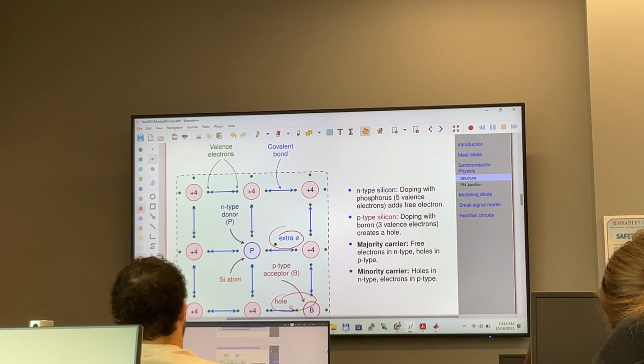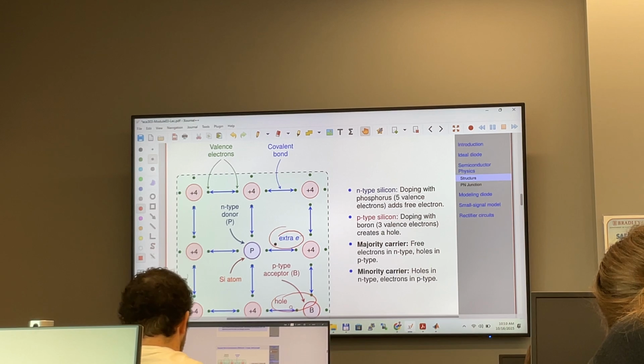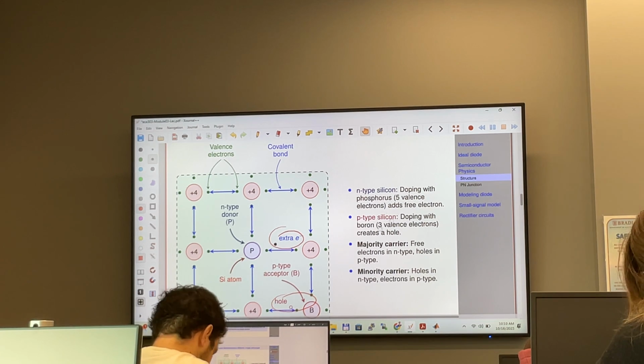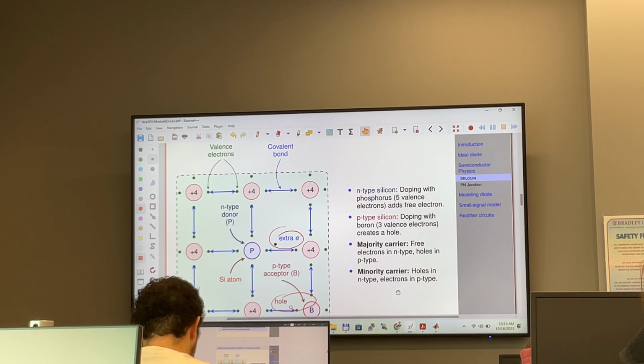And the other two terminologies: charge carriers, majority charge carrier and minority charge carrier. In the majority charge carrier, you will have more free electrons in N-type material, and you will have more holes in p-type material.